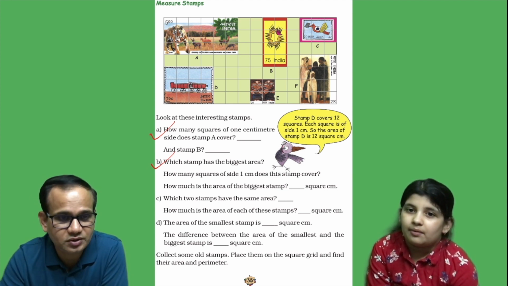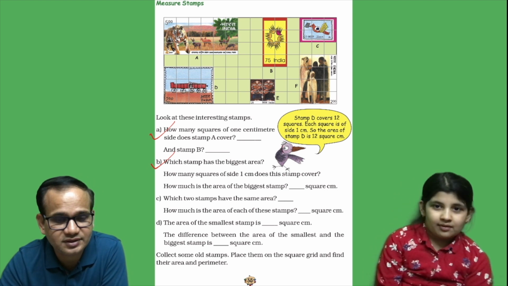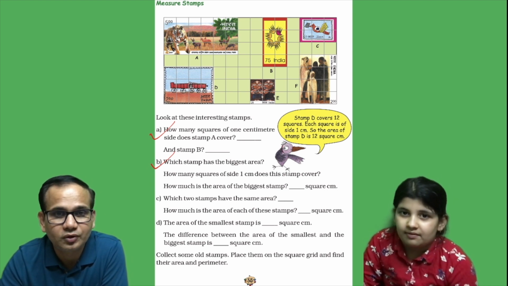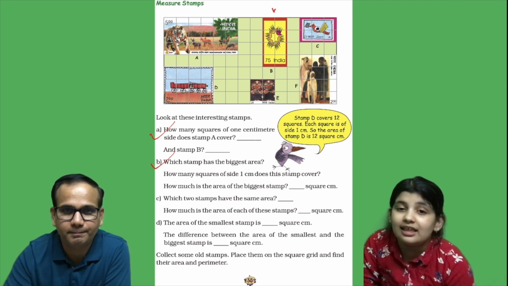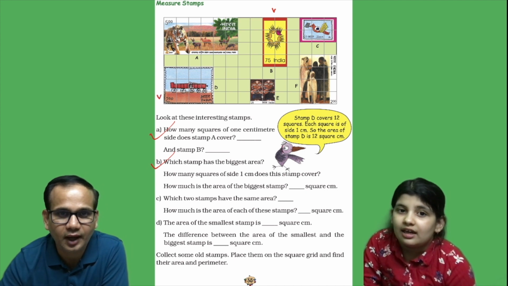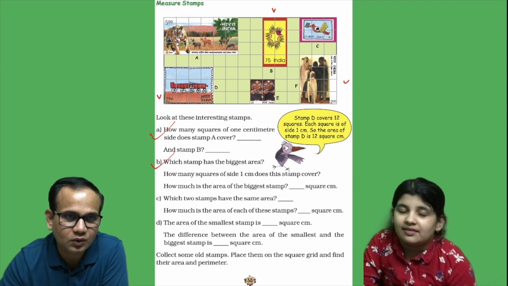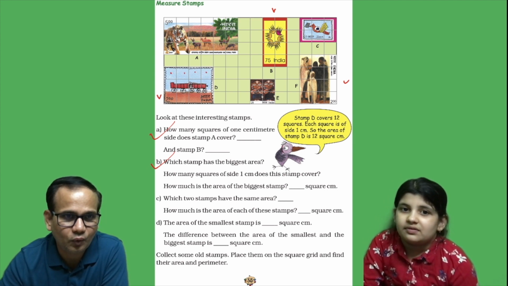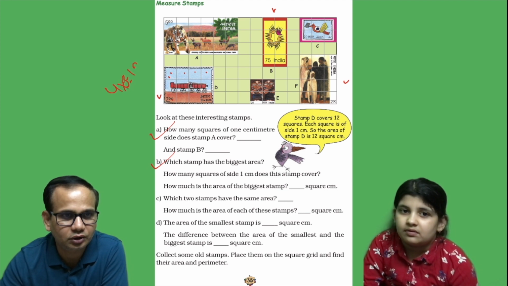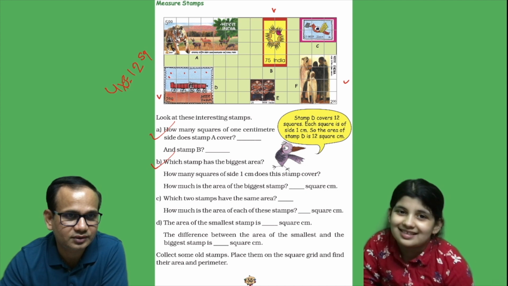And now what did you say? Which two stamps have the same area? D and F. Okay, shall we calculate? See, 1, 2, 3, 4. 1, 2, 3. So 4 into 3 is equal to 12 square centimeter.